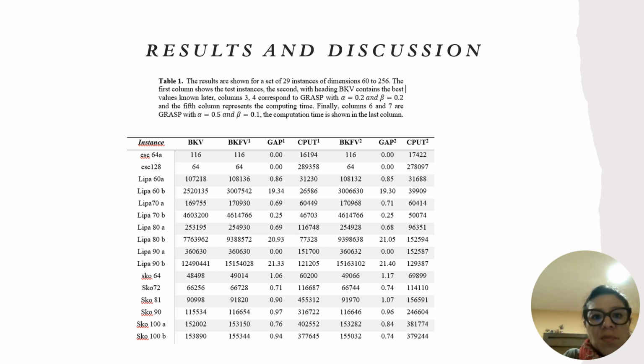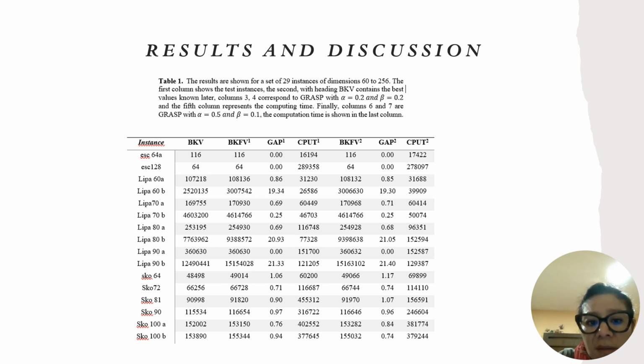Some of the results that we obtained in this research are explained in this chart. As you see, there are 29 instances of dimension around 60 to 256. The first column shows the test instances. The second, with the heading BKV, contains the best known values.